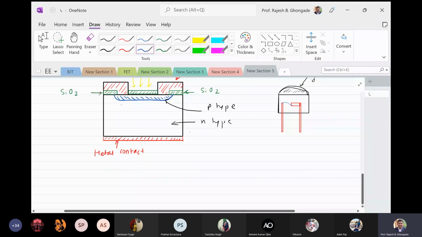This junction depletion region penetrates deeply into the lightly doped n-type region. So remember that this n-type is lightly doped, p-type is heavily doped. So the depletion region will extend more in the n-type region.